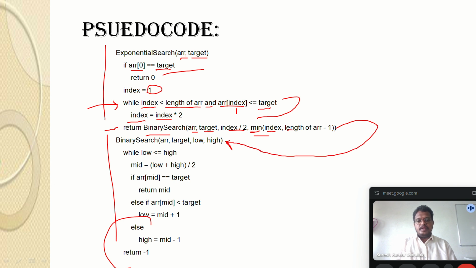Again we implement the binary search concept: low less than or equal to high, and we identify the middle value using low plus high by 2. If the middle value is equal to the target value, we return the mid value. Else if ARR of mid is less than the target value, we move to the right side, else we move to the left side by adjusting the low and high values. This process is applied in the binary search concept.